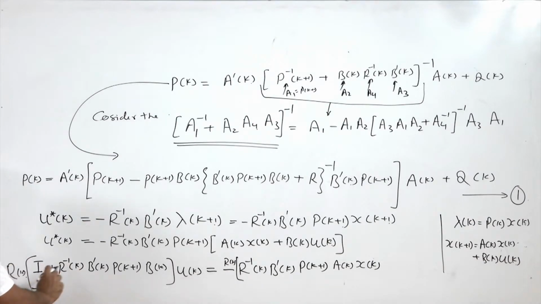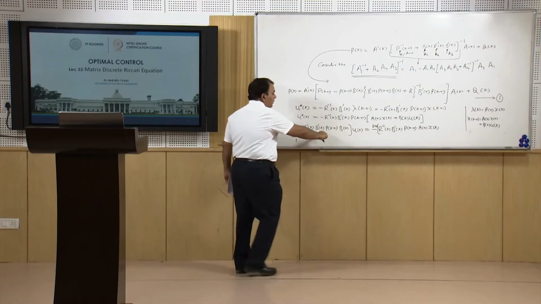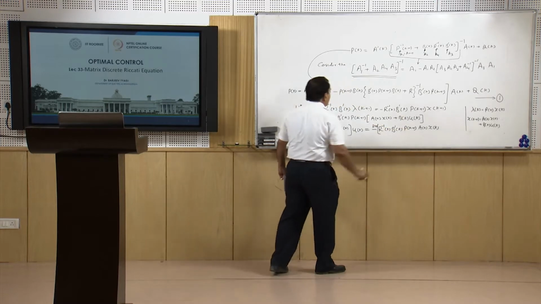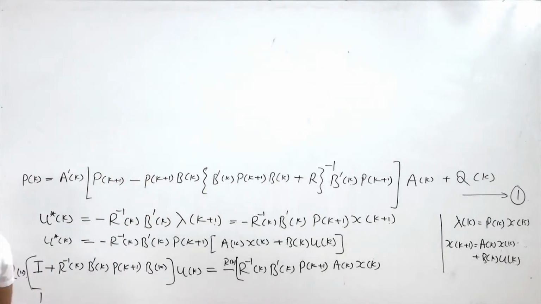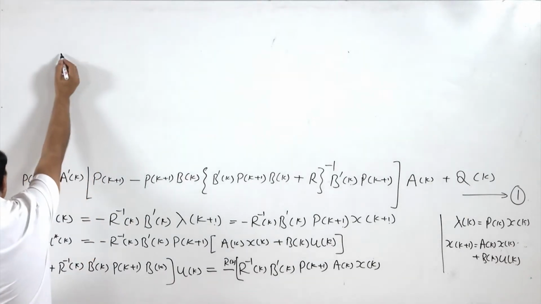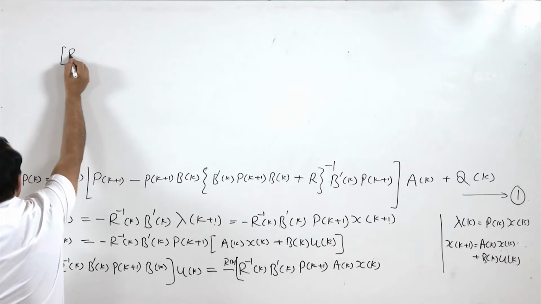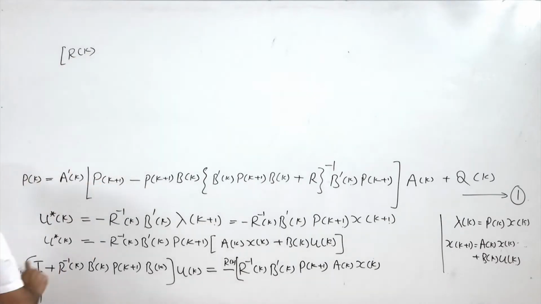With this pre-multiplication, what will we get? Since R(k) is multiplied with R inverse, it becomes the unity matrix.